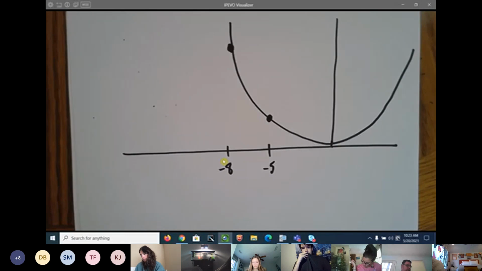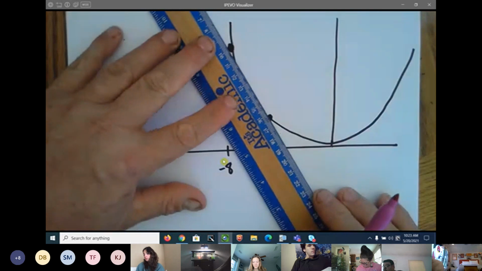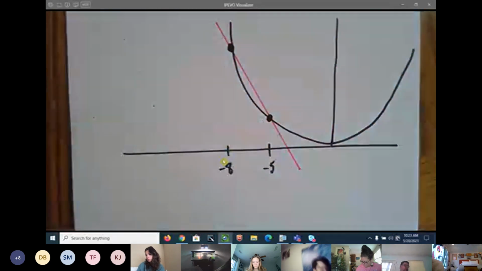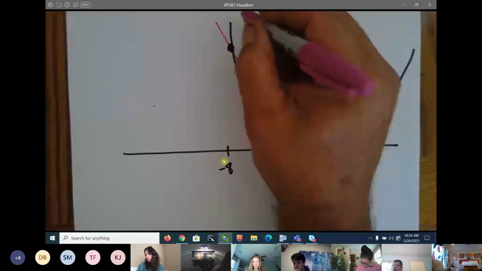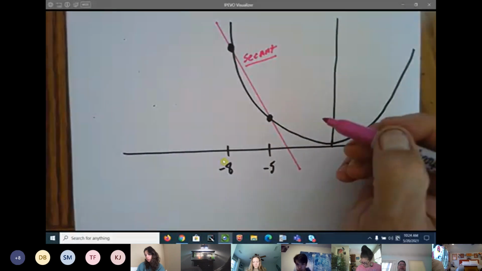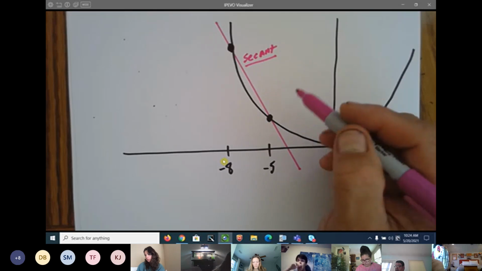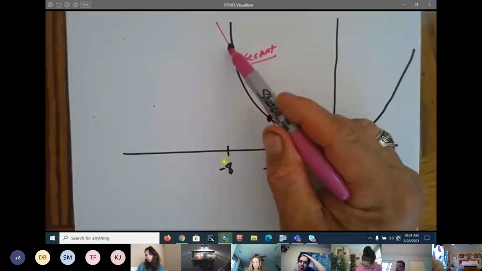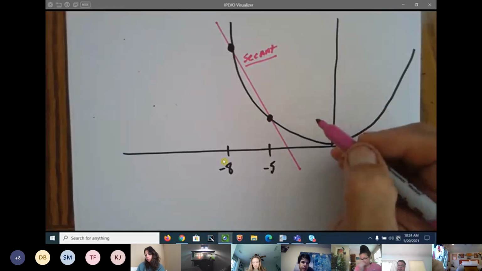They want to know the slope of that line between those two points. Now, for some of you, this is called the secant line. And for those of y'all that take my 130, whenever I offer it, when you bring this point down, the secant line turns into the tangent line, and that's the basis for calculus.